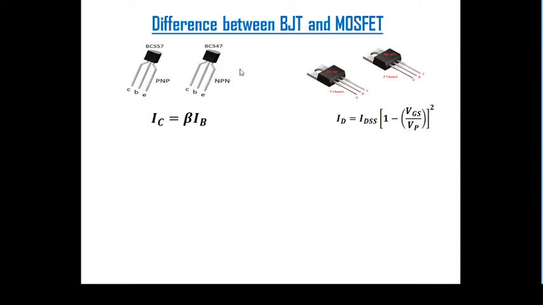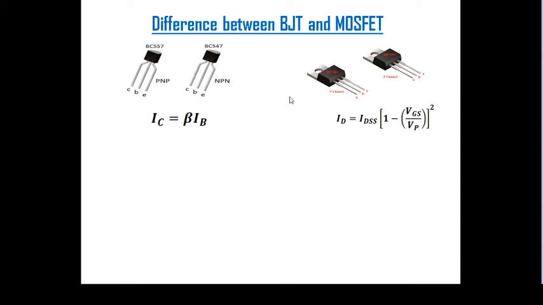So first we have to know the differences. The very first difference between BJT and MOSFET: BJT means bipolar. Both electrons and holes are responsible for the operation of a BJT, but in the case of MOSFET only electrons or holes are responsible. So the MOSFET is basically a unipolar device.